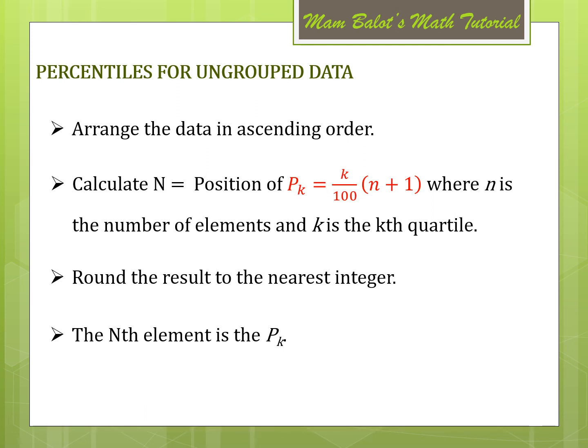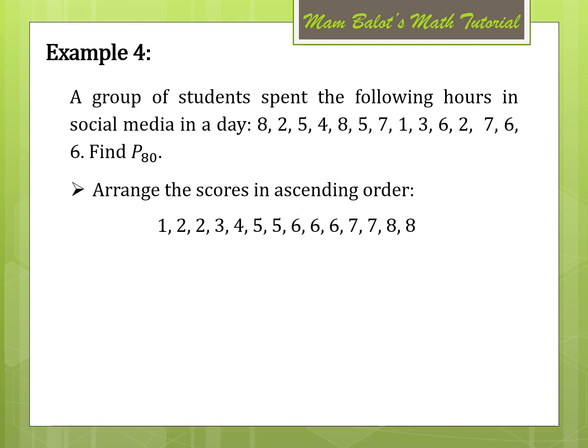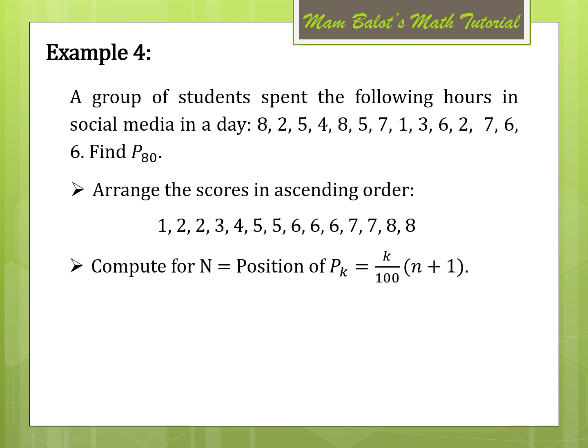So let's have an example. Example 4. In the same data that we have, compute for the 80th percentile. We need to arrange the data in ascending order, and then we compute for n. Since we are computing for P sub 80, n is the position of the 80th percentile. So our k is equal to 80.